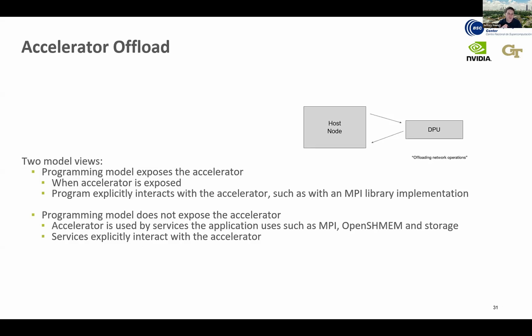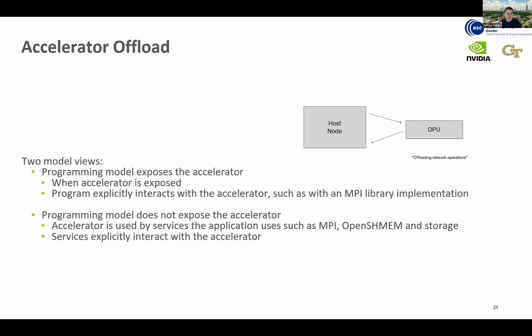With accelerator offload, there's sort of two ways that we can think about this. One is that the programming model can actually expose the accelerator and say, okay, this is sort of a device that you can offload to, or implicitly, if you think about something like MPI, where it is kind of another rank within the system. The first case where the accelerator is exposed is typically something like an OpenMP offload. Sergio will talk about that more in a minute.